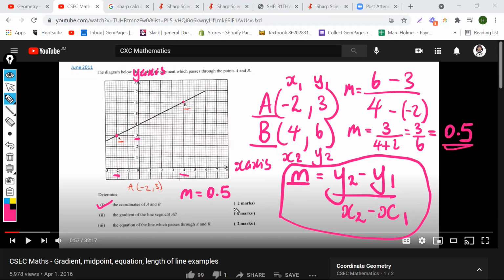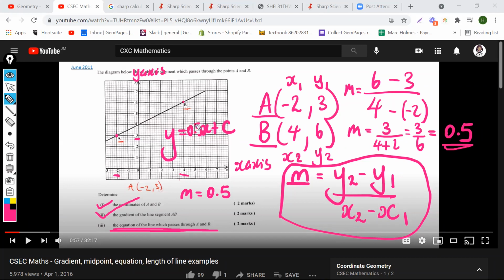That's the gradient. And then the last thing they ask you is the equation of the line which passes through AB. This is also pretty easy. Remember, the line is always y is equal to mx plus c. We know the gradient, so it's 0.5x because we just found it.